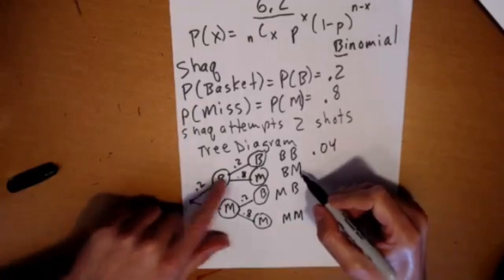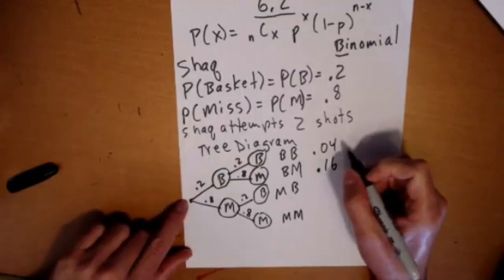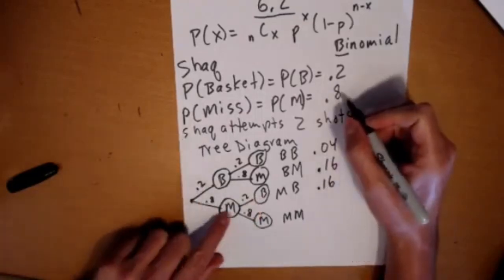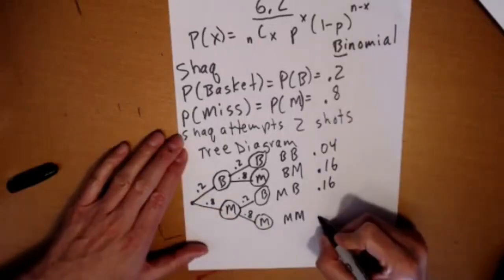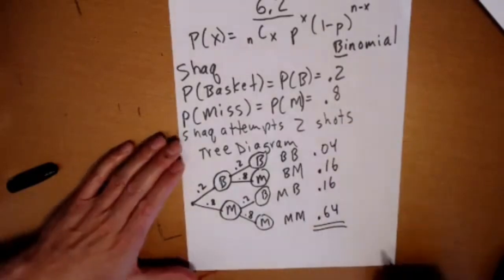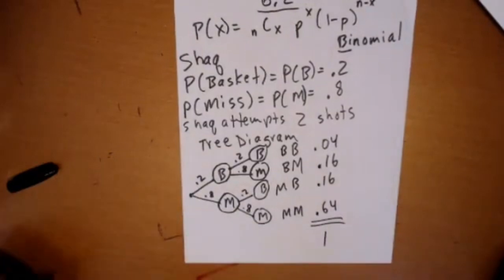A basket and then a miss, 0.2 times 0.8, 0.16. A miss and then a basket, 0.16. And then a miss and a miss, 0.64. And if I add up all those numbers, they have to add up to what? 1. Good. Because it's every possible situation.